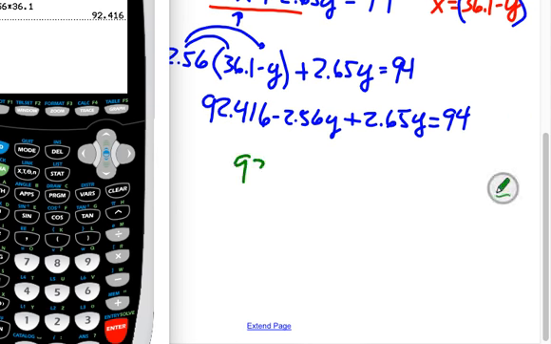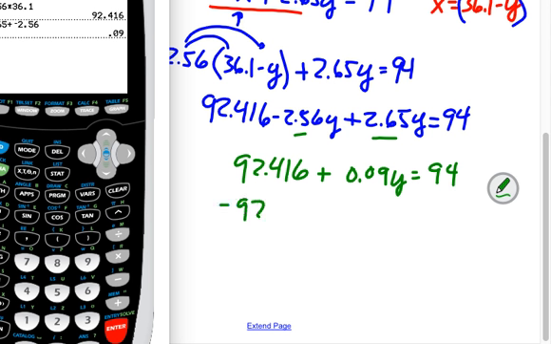So, cleaning this up a little bit, I'm going to get 92.416. I have more positive than negative. How many more? Well, 2.65 plus negative 2.56 is 0.09. 0.09y equals 94.